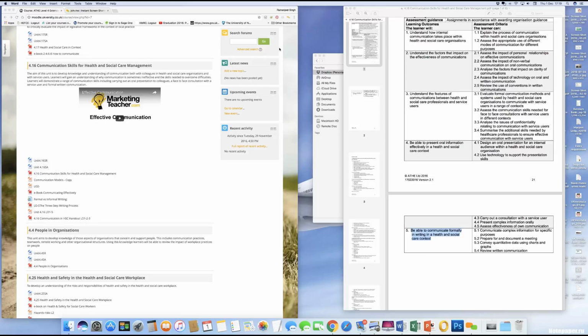Yeah. So in particular, when you look at the context, formally communicating in writing in the health and social care context is important because sometimes the information is sensitive, sometimes the person receiving the information is vulnerable, and sometimes the information needs to be reviewed at a senior level before it can be made public.